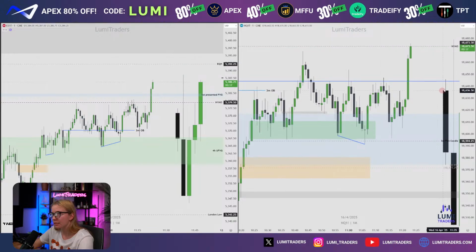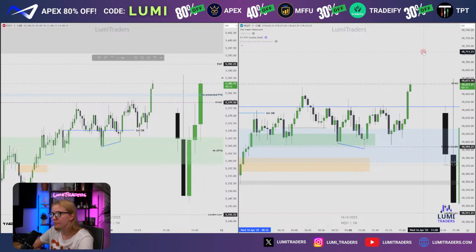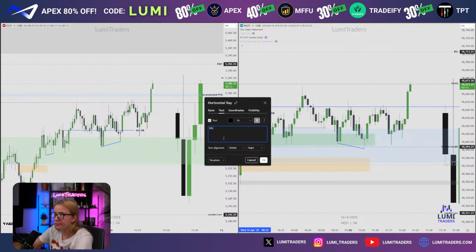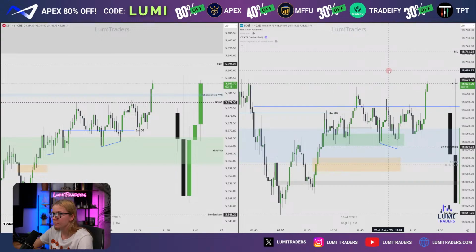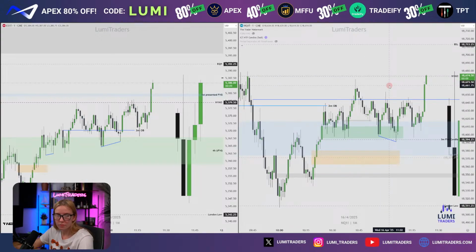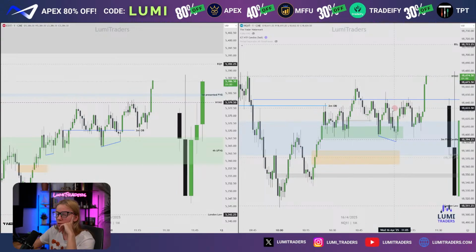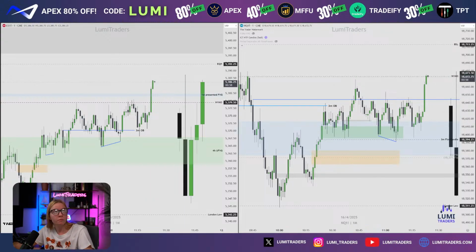ES has equal highs, slightly higher. That's buy side liquidity. Yes, slowly going higher. SPX like expansion up as well.